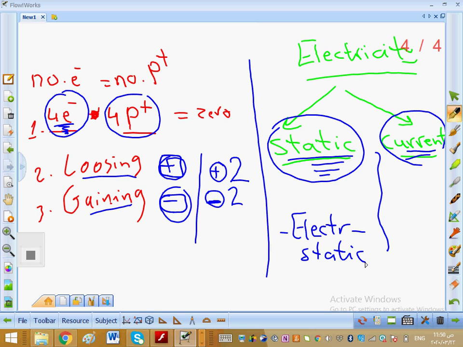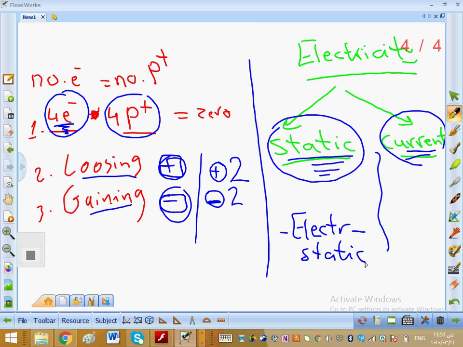So static electricity means the buildup of charges on an object, adding extra electrons to the surface of an object. Then electrostatic discharge means the jumping of electrons from one object to another. Then when these charges flow through wires, we call it electric current.